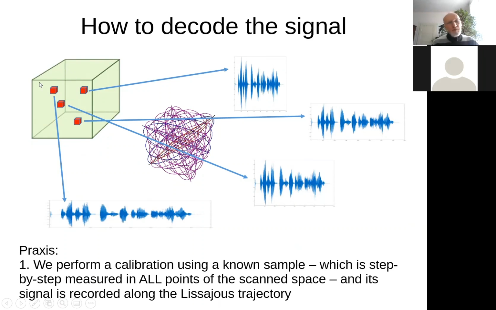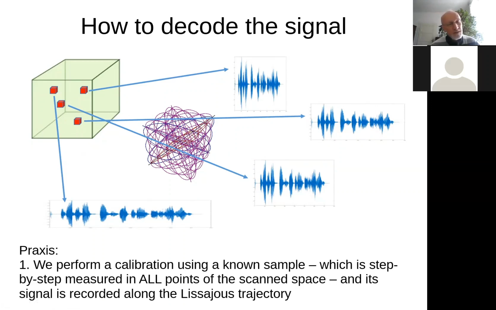And step by step, we measure the signal from each position in the space. So we know its concentration, we know how big it is, and we know which signal it produces when we place it here, here, etc. So we measure calibration data for every point in the space.